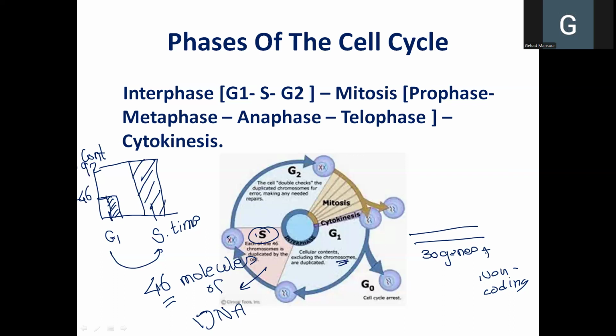and they start their condensation process. And then in the G2 phase, there will also be further growth of the cells, but there will also be a double check from the part of the cell for the duplicated chromosomes in particular.